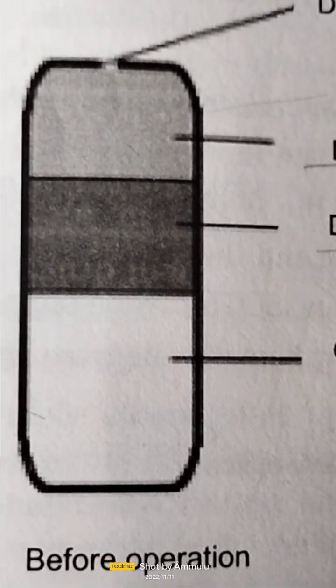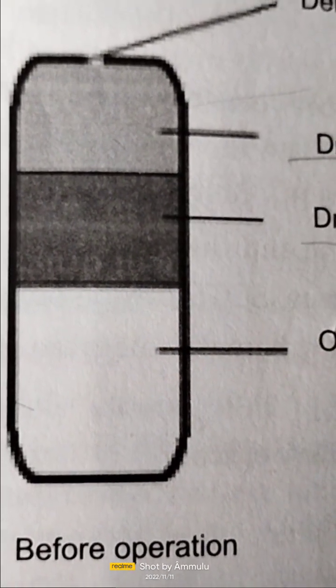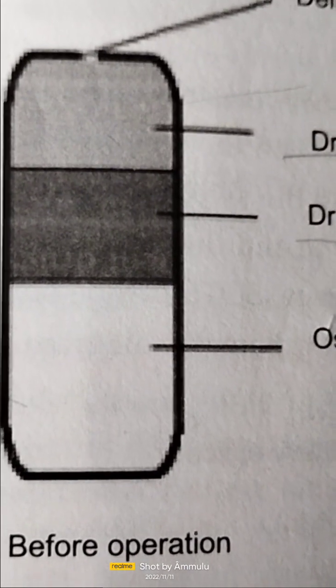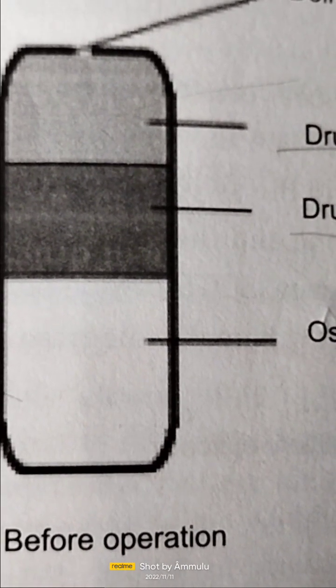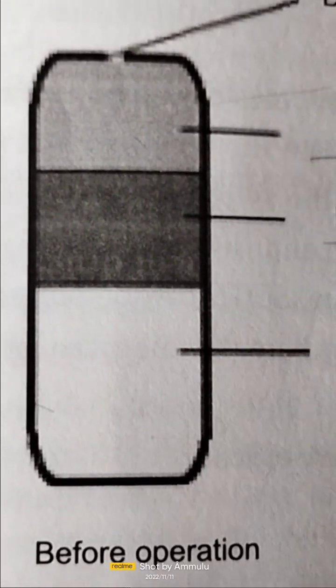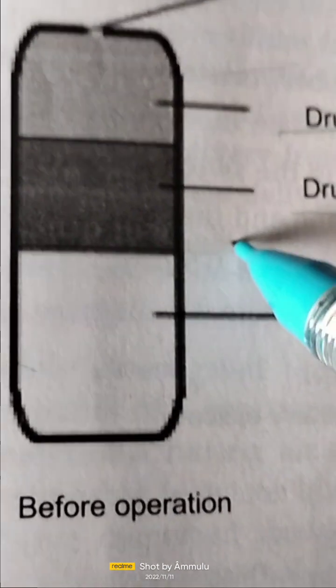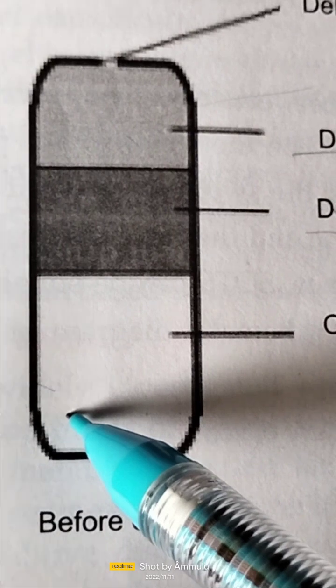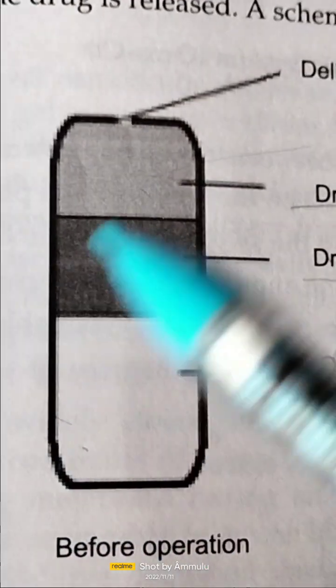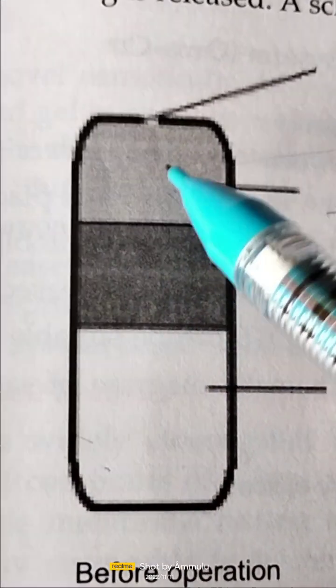These types of drugs are formulated, but they don't have proper therapeutic value. Therapeutic value will be shown very slowly because there are two layers. It is a very slow process to release the drug into the body.